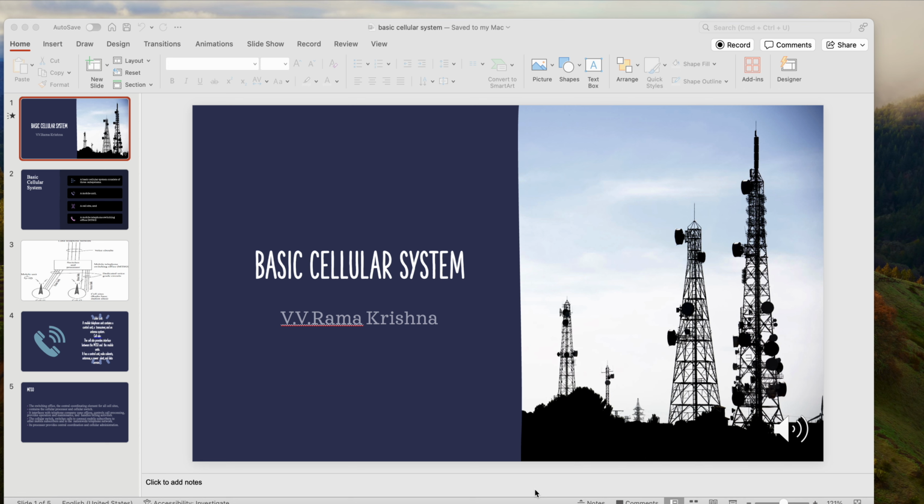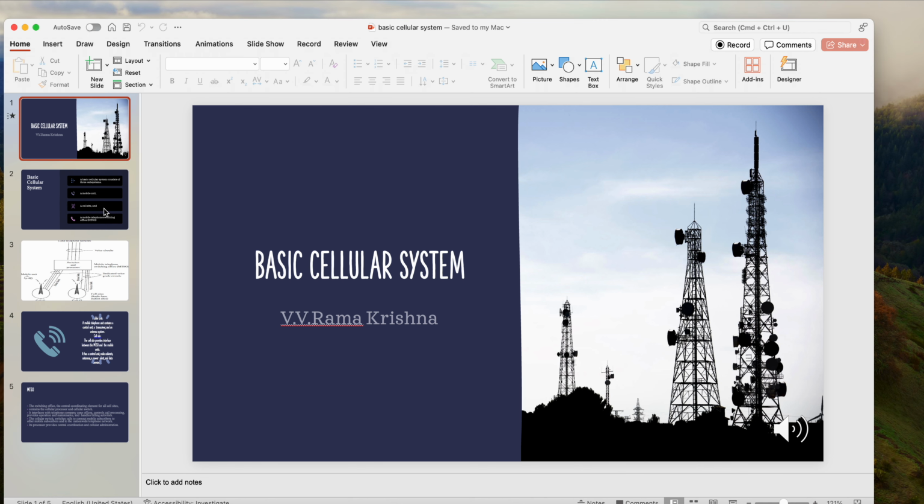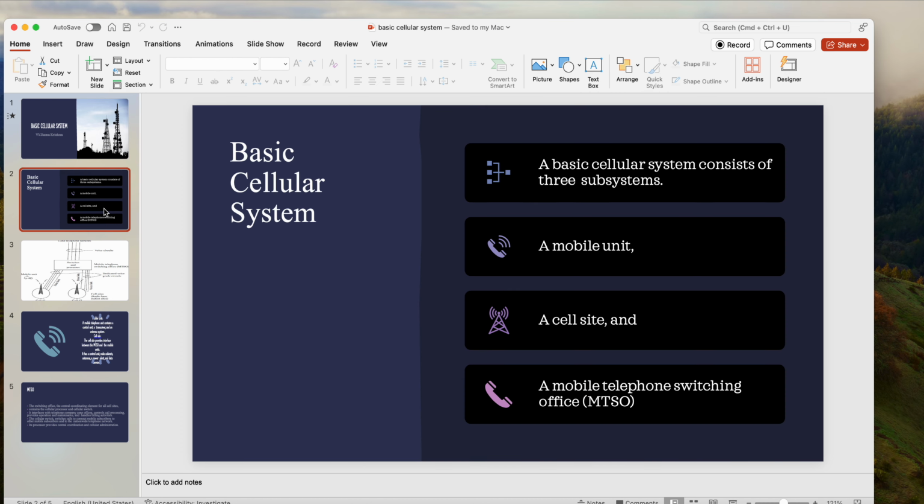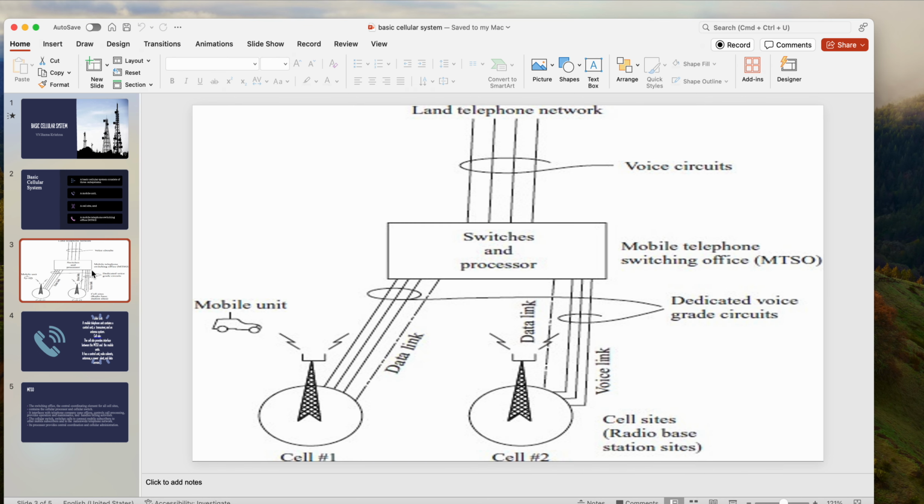And if you see the basic cellular system, what are the components a basic cellular system should have? The components of a basic cellular system consist of a mobile unit, a cell site and a mobile telephone switching office. So we all know the purpose of the mobile unit.